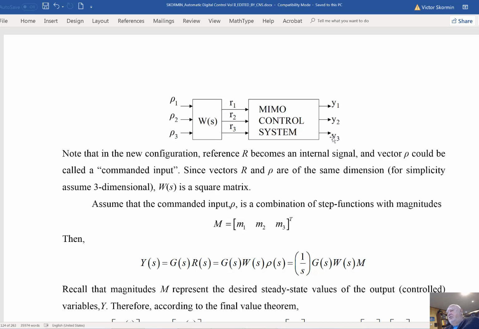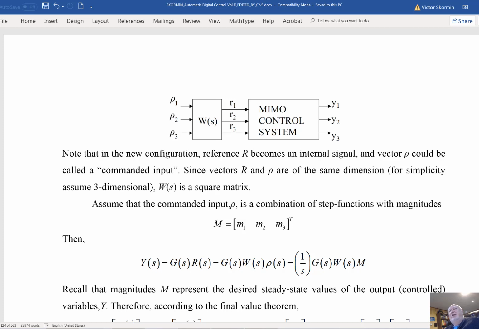However, the residual effect could be observed only in the output number 3. In Y1 and Y2, these transient terms will eventually disappear, and there will be no residual effect. This is why we call this decoupling approach a steady state decoupling.